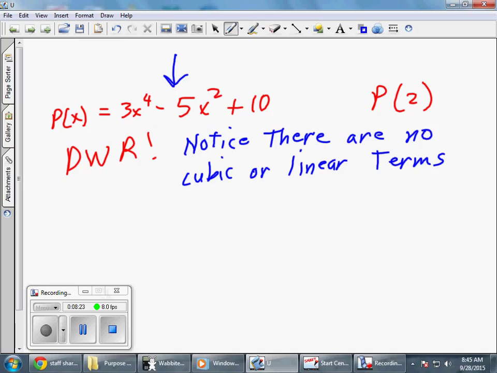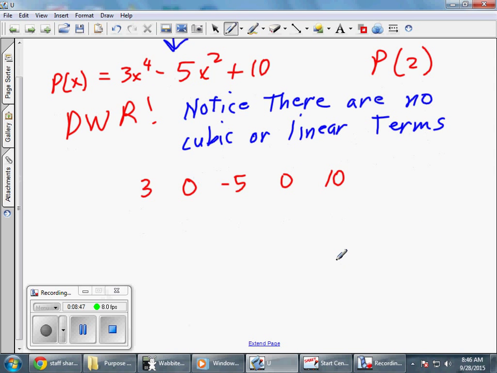So you've got to account for them when you're doing your synthetic division or synthetic substitution. You've got to go 3, 0, -5, 0, and 10. So for a quartic, you still need 5 terms here. And then you can go ahead and do your thing, and it's all good.